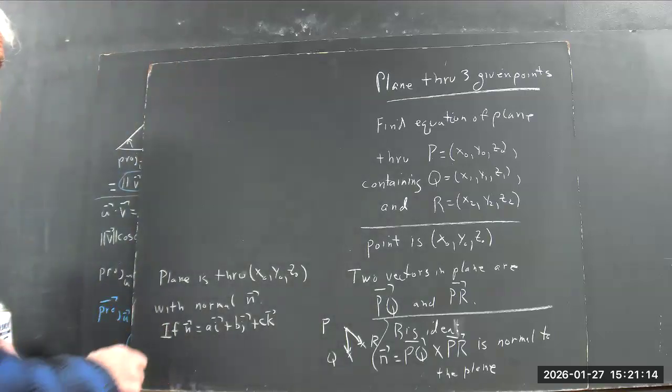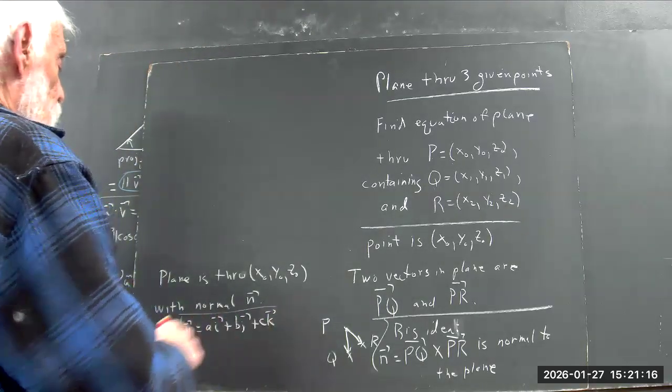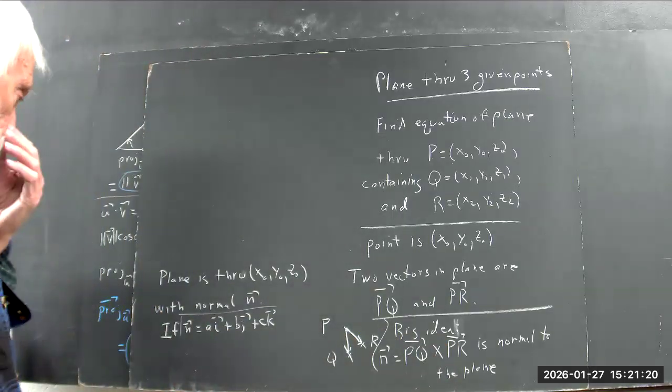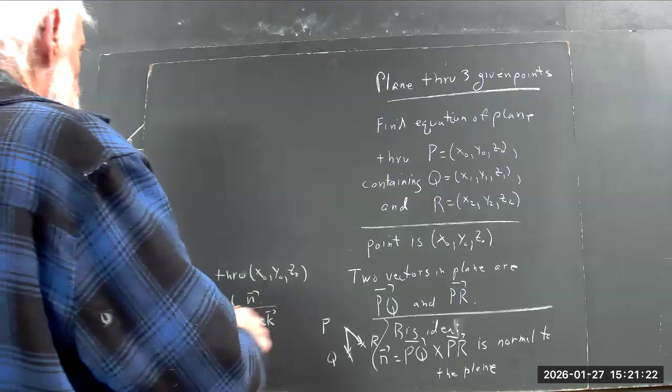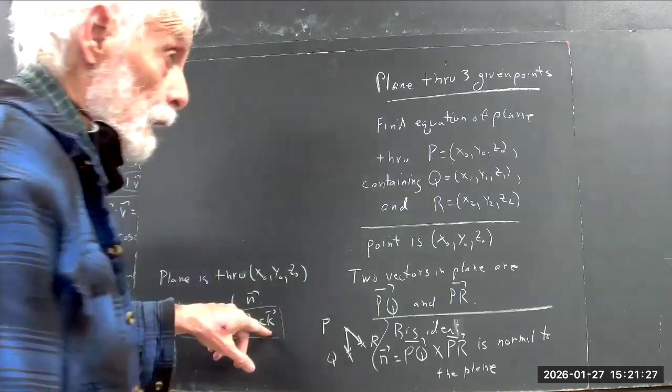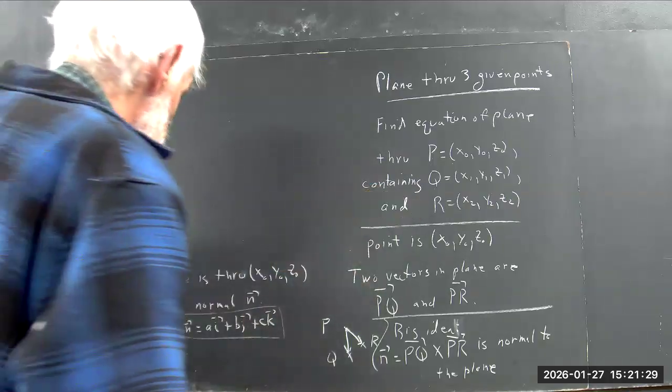You get a perpendicular vector, and using those numbers, you do this cross product and you get your normal vector, n equals ai plus bj plus ck, something you can easily calculate if you have numbers here.